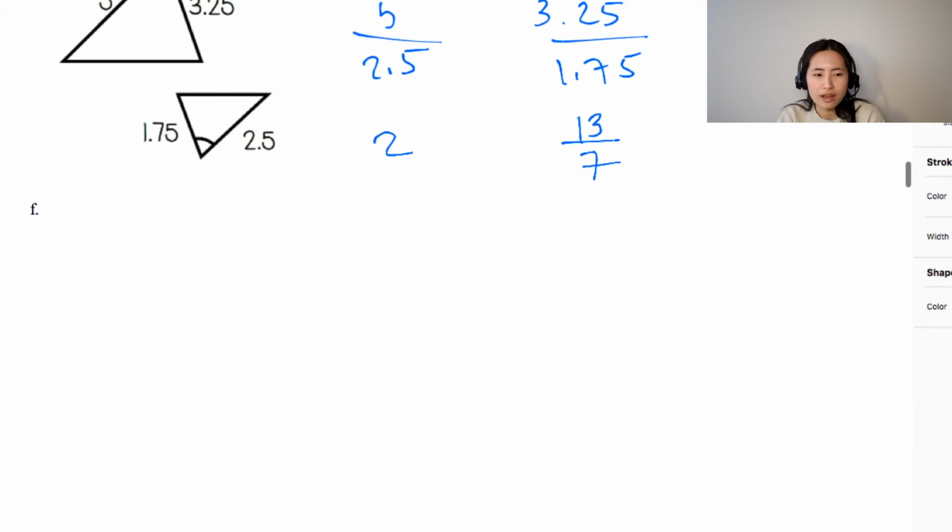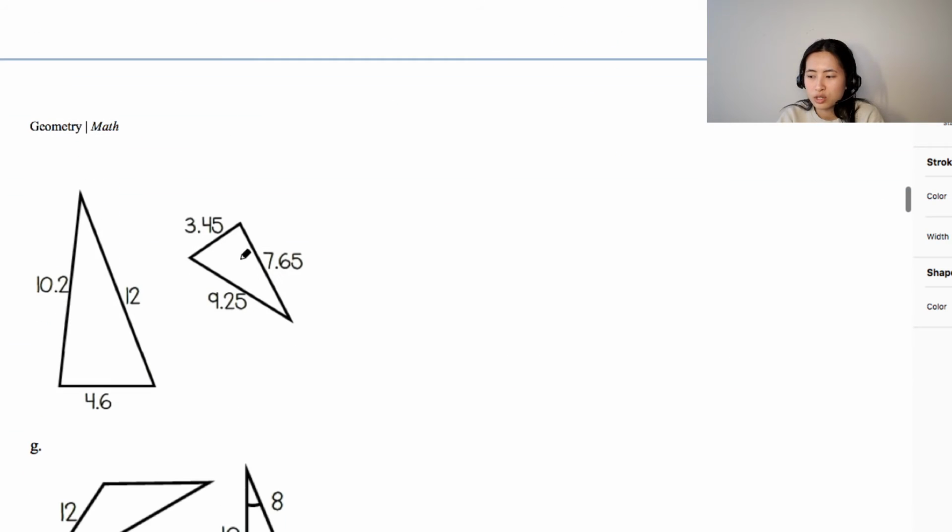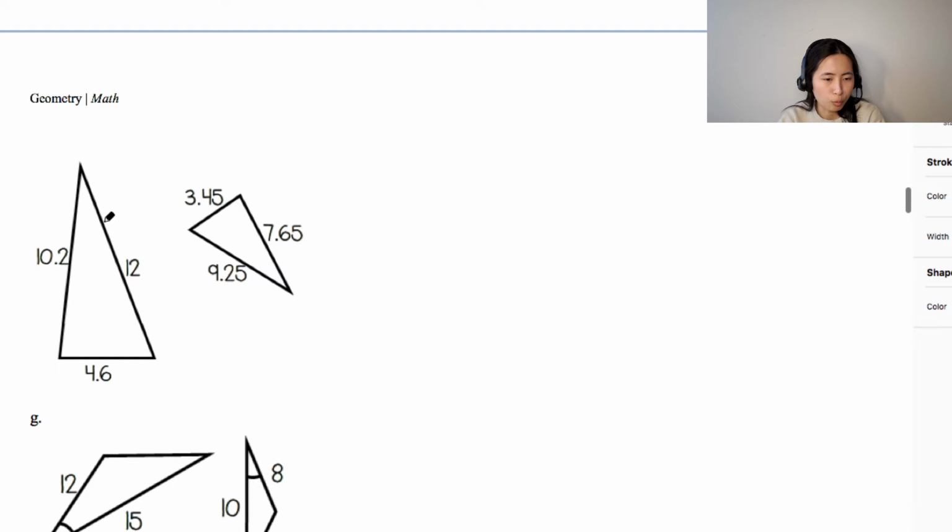By the way, for F, as you can see, it's down here. As you know, we can probably test out side, side, side. So for F, if you try to rotate this, instead of rotating clockwise, you would have to rotate counterclockwise.